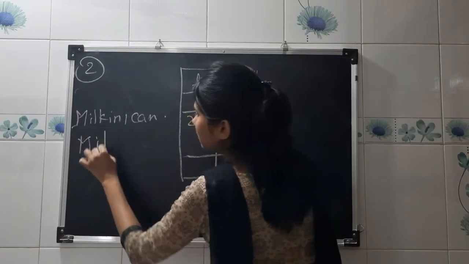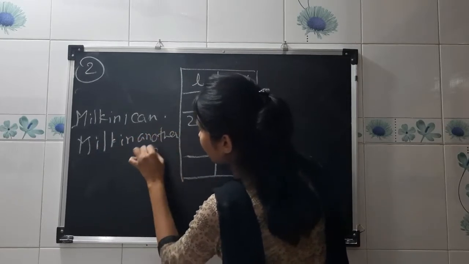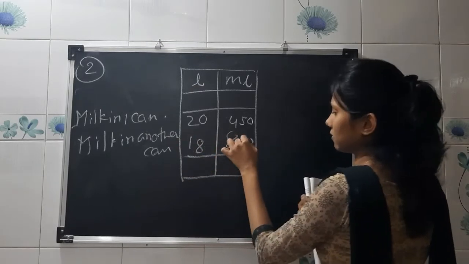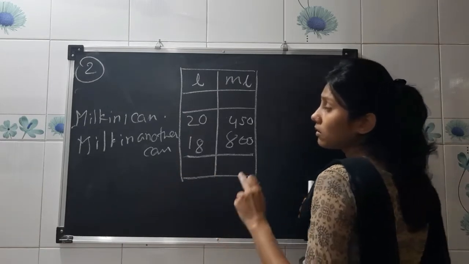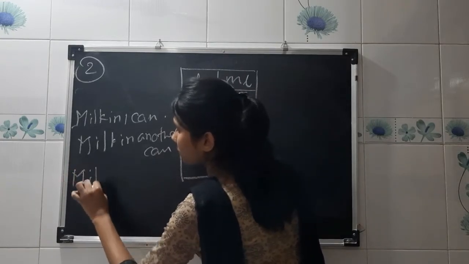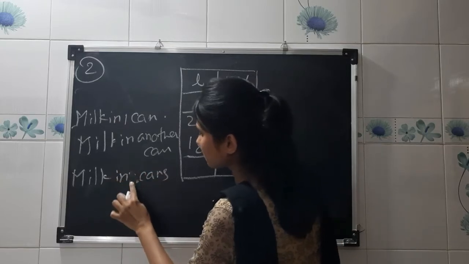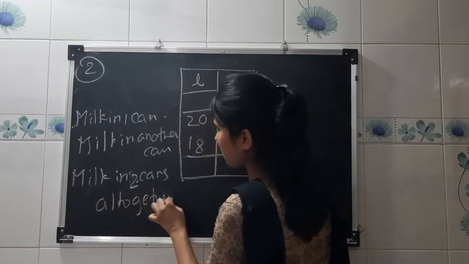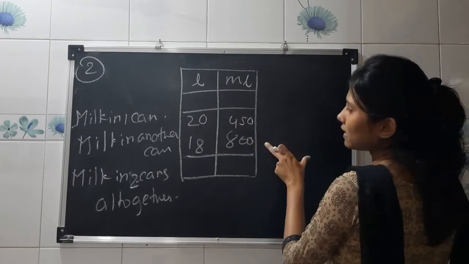Okay, then milk in another can, 18 liters 800 milliliters. We have to find out the milk in the 2 cans altogether. So, milk in 2 cans altogether. Now first we have to add the smaller unit.